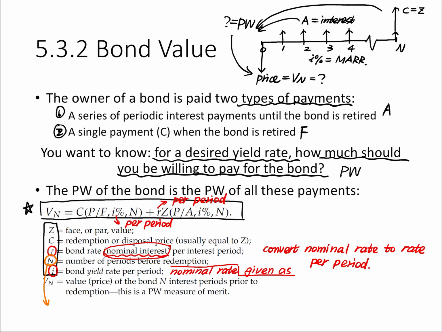And another one is the N. Usually the bond will tell you how many years it's gonna be retired. But because it's compounded not yearly, maybe quarterly, you have to know the number of periods instead of number of years. Of course, if it's compounded yearly, it's number of years.